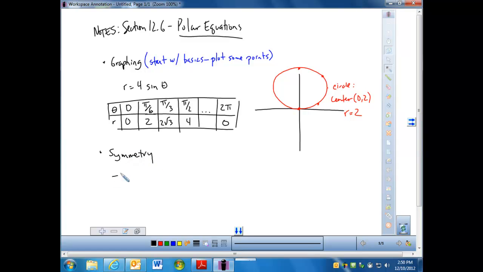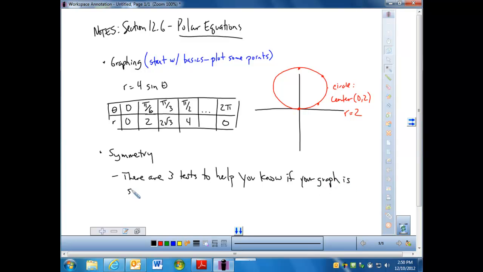But you can also do a lot of graphing and maybe save you a lot of time by thinking about symmetry. And so there's 3 tests when you're graphing polar functions, or polar equations, I guess is what you should say, that will help you know if the graph is going to be symmetric. 3 tests.